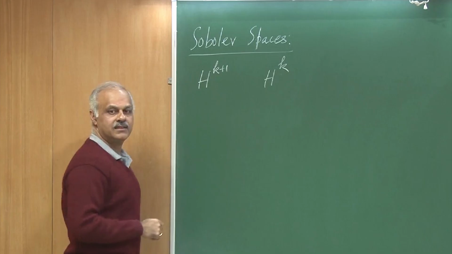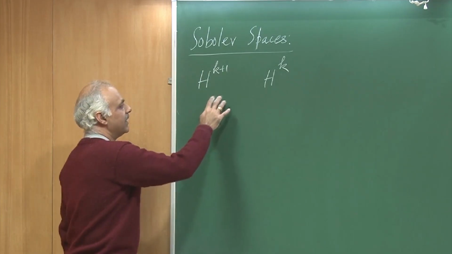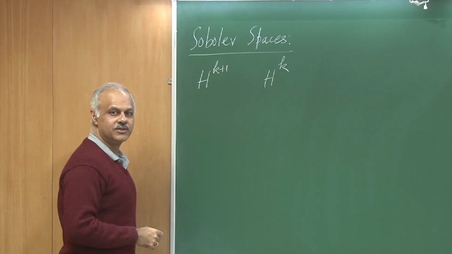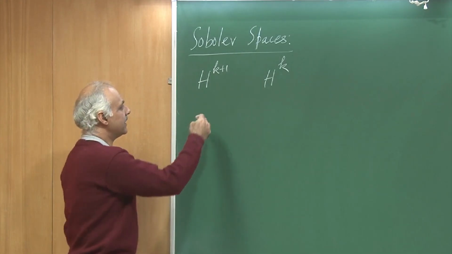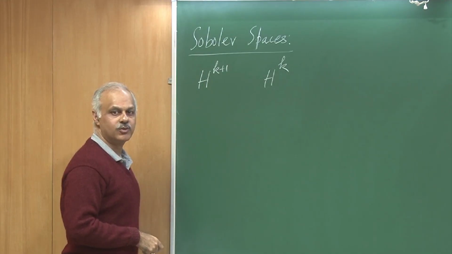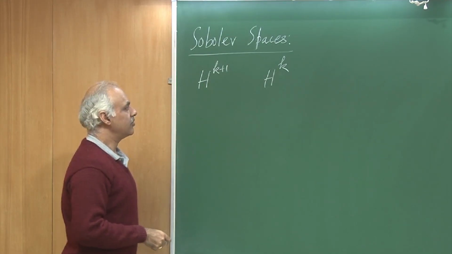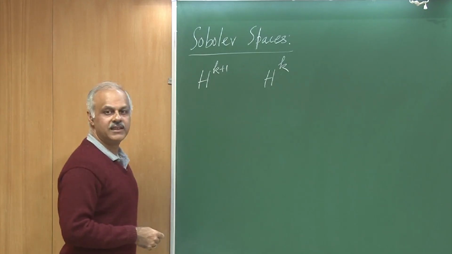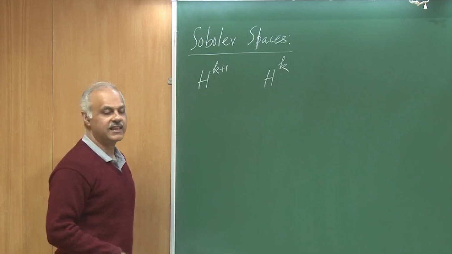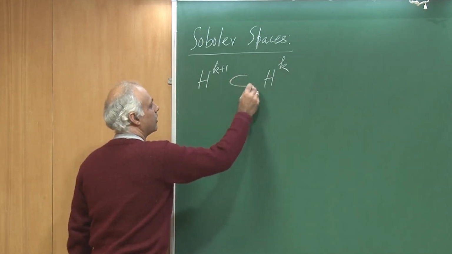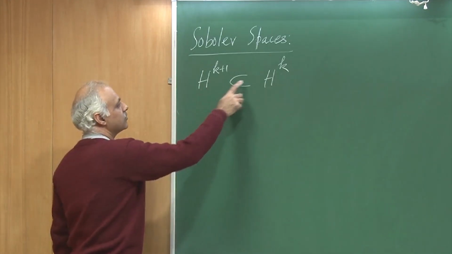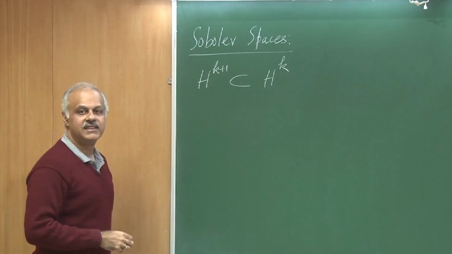Hk plus 1 has all the kth derivatives square integrable, but additionally the k plus 1 derivative is also square integrable. So you can see very intuitively that this space must be a subset of Hk. In fact, that is what is true. So I always have Hk plus 1 as a subset of Hk.